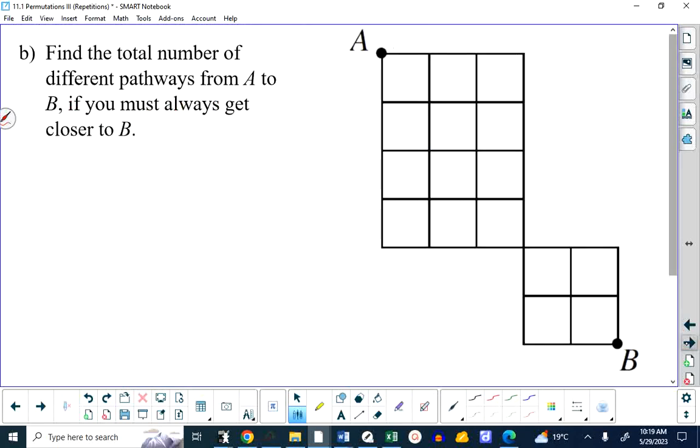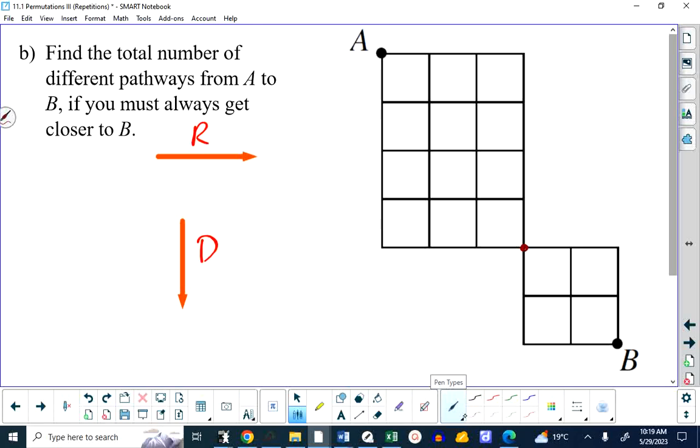Final question. How do I get from A to B always getting closer? Well, I can only move this way or this way, right or down. But I can't do this in one shot.